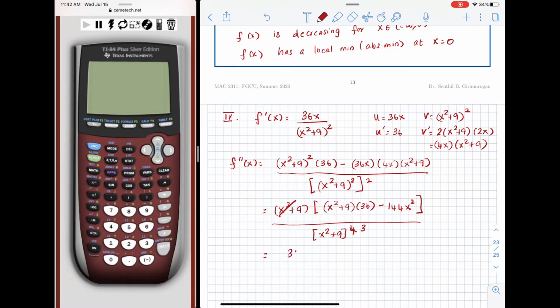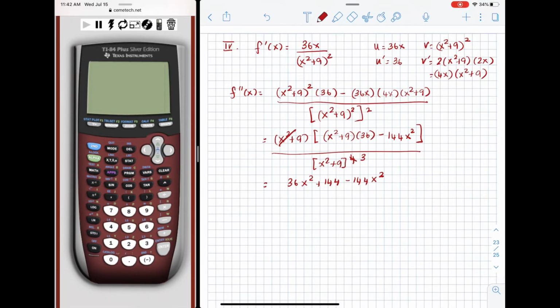I have 36x squared plus 144 minus 144 x squared, divided by (x squared plus 9) cubed. Now we set f double prime of x equals 0, and we solve for x. That would give us the point or points of inflection.